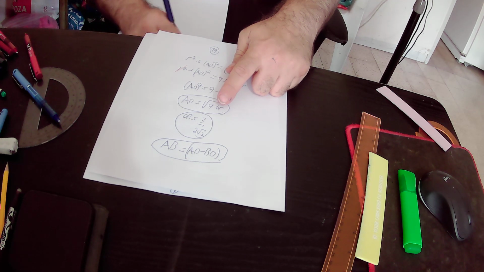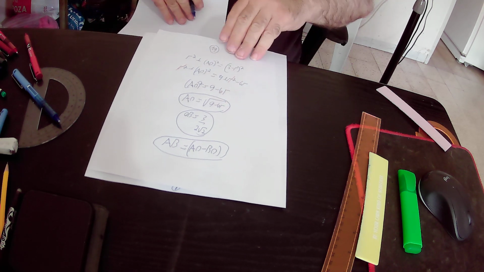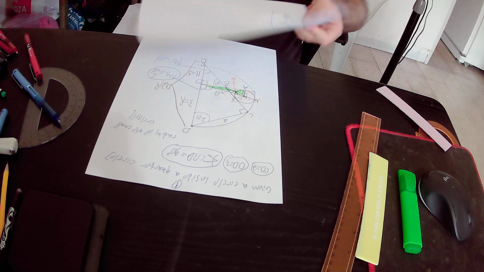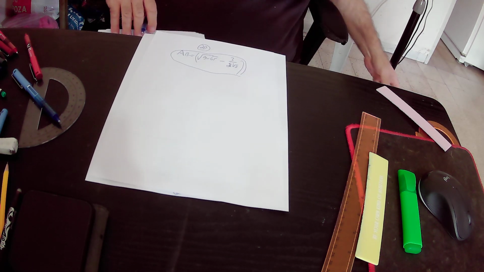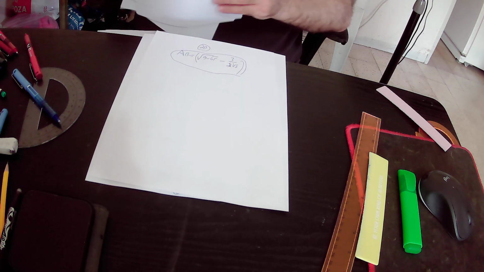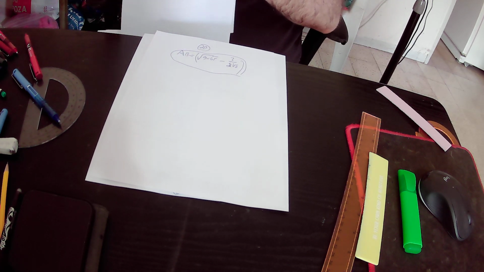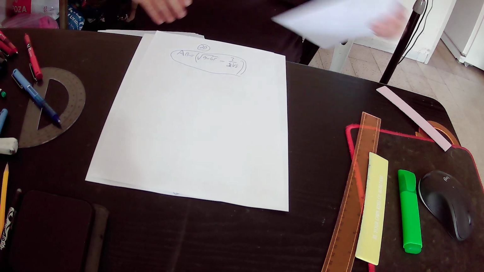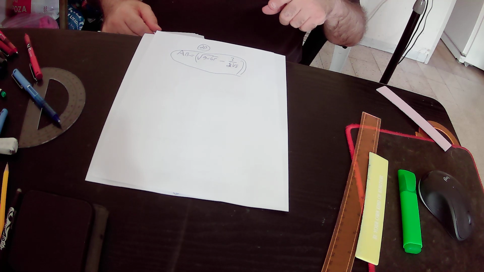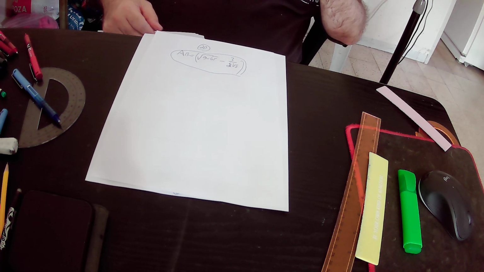We actually found out the value of AB. AB equals the root of 9 minus 6R minus 3 over 2 times root 2.